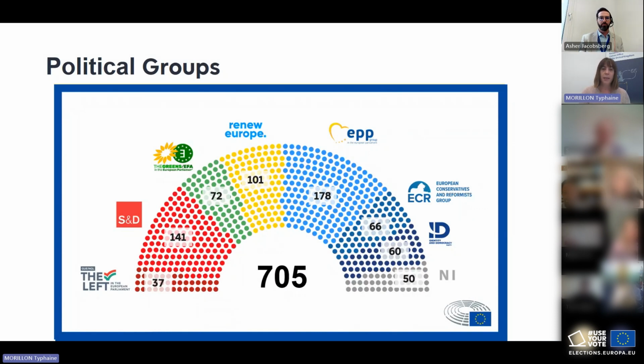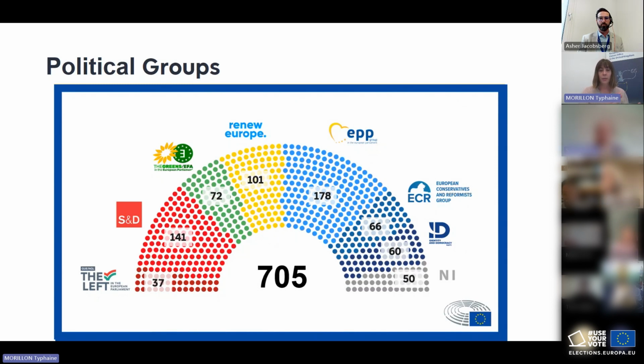The EPP being usually the most important one, that's for the centre-right, traditionally the Christian Democrats, the S&D for Social Democrats, Labour, then in the centre Renew Europe, which used to be the Liberal and Democratic Alliance, renamed after the last elections, but that's where the Lib Dems would have been, and then the Greens.